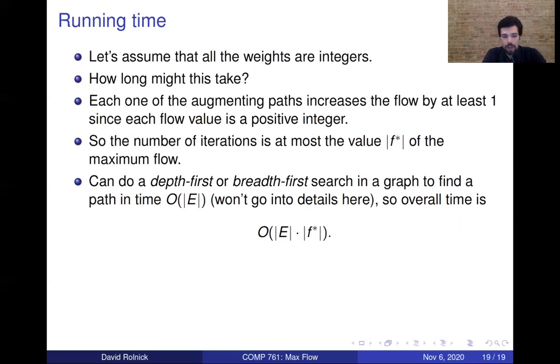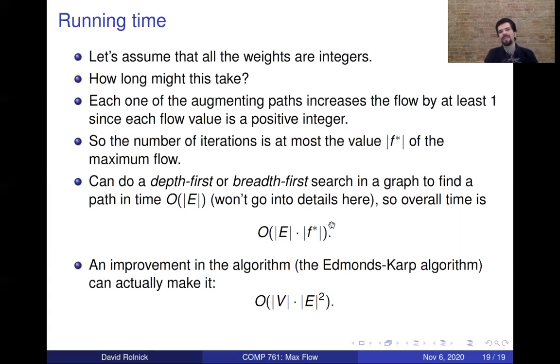But, and I'm not going to go into that, there is a faster way to do it which doesn't rely upon the value of the maximum flow. The Edmonds-Karp algorithm is just a variation on this approach, which means that you can do it in big O of number of vertices times number of edges squared.